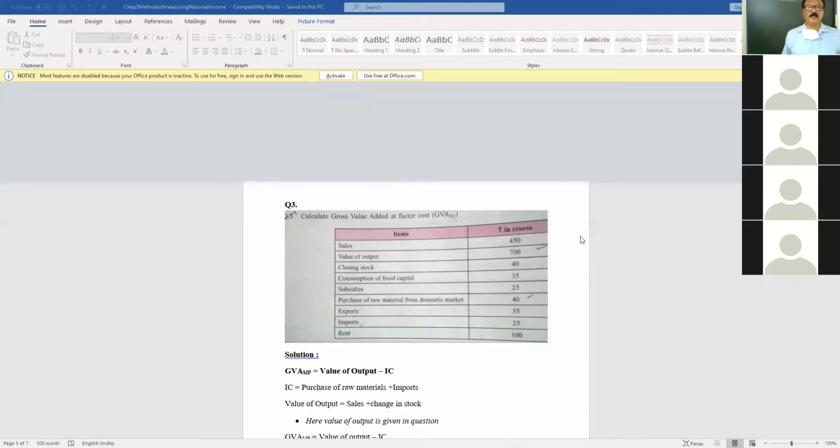The question reads, calculate the gross value added at factor cost. Sales is given 450. Value of output is given as 700. Closing stock 40. Consumption of fixed capital 35. Subsidies 25. Purchase of raw material from domestic market 40. Exports 35. Imports 25, rent 100.